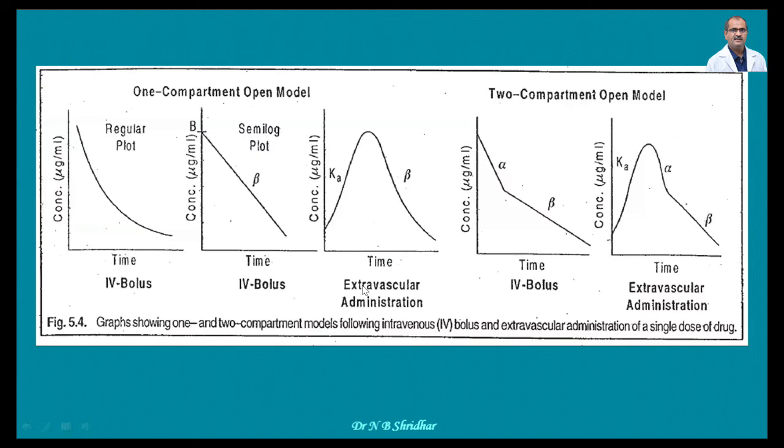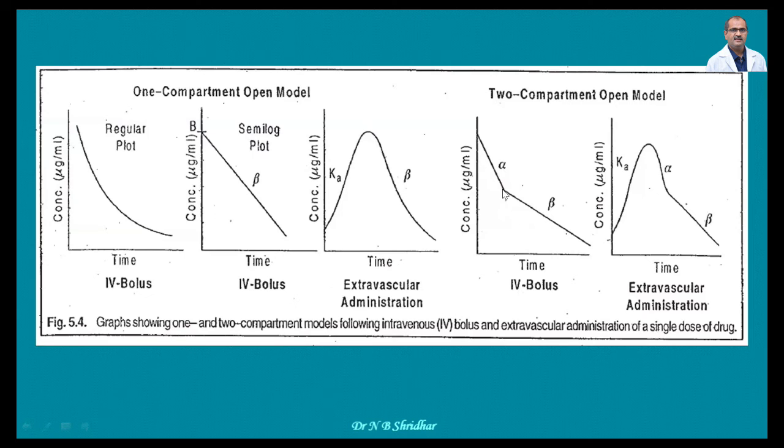Whereas extravascular administration means any other route, maybe the intramuscular route, then the absorption starts, this is the kinetic coefficient, then the elimination beta phase starts. In case of two compartment open models, initially there will be an alpha phase followed by the beta phase.